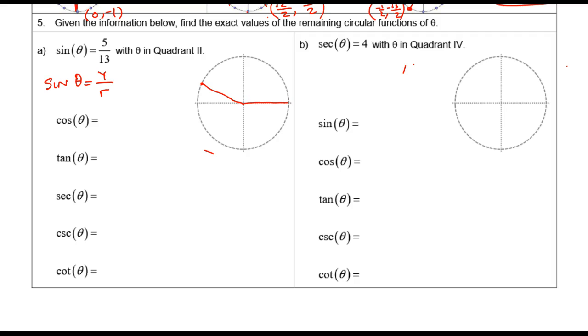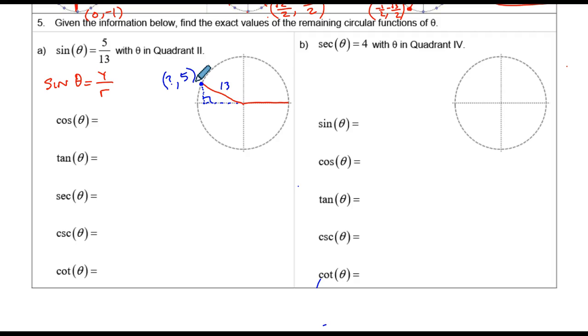Okay, and what I'm going to do is label what I know. I know that this length here is 13. And I know that this point right here is going to have a y coordinate of 5, because I know that the sine ratio is 5 over 13.